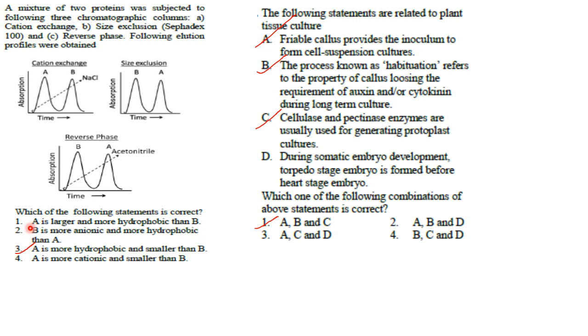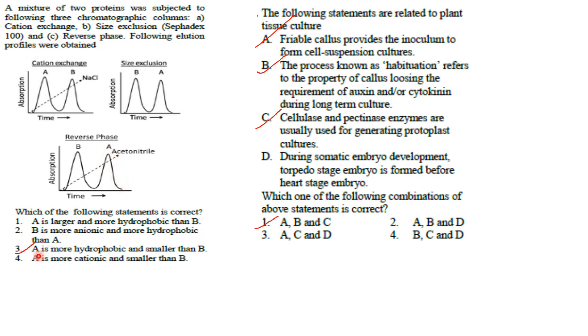Now we will see what they have written, the statements. A is larger and more hydrophobic than B. A is not larger as per size exclusion chromatography. A is smaller. So option 1 is not correct. B is more anionic. Okay. And more hydrophobic. B is not more hydrophobic. A is more hydrophobic. That is why it got eluted last.